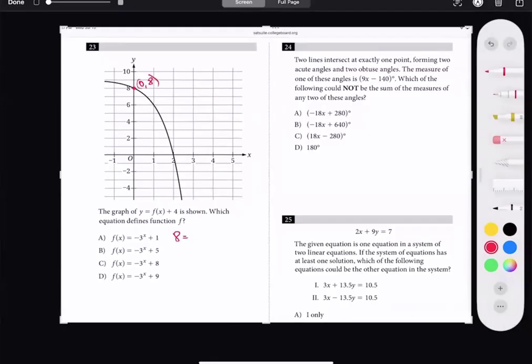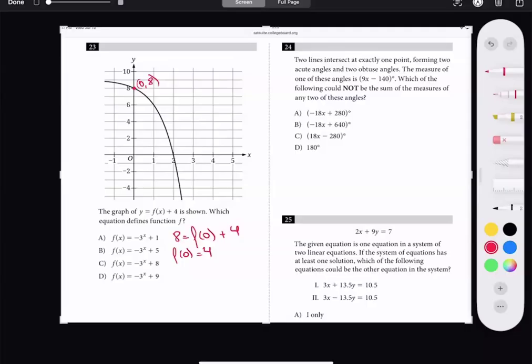Do you agree? So f of 0 is equal 4. Do you agree? Yes. Okay. Wait. No. Wait, f of 0 is 8, right?